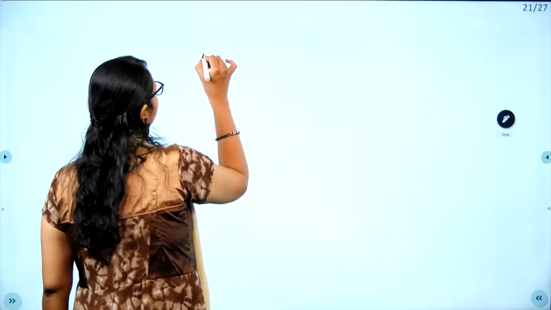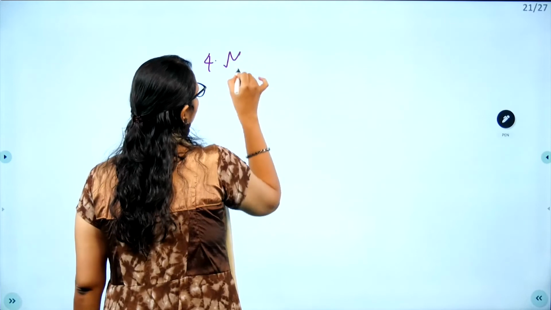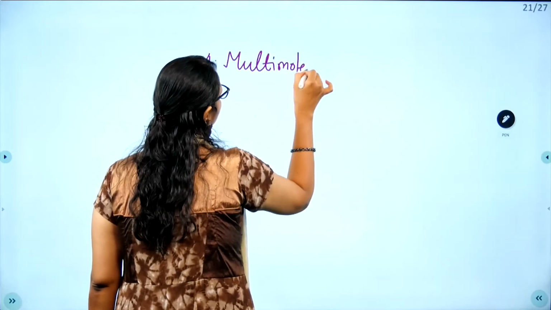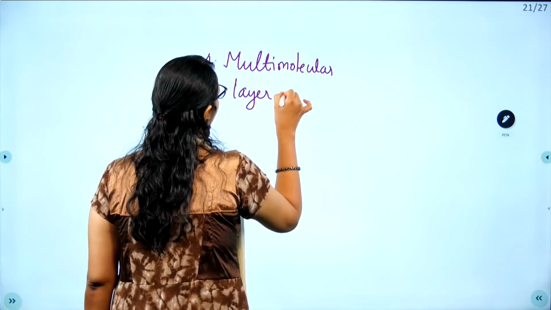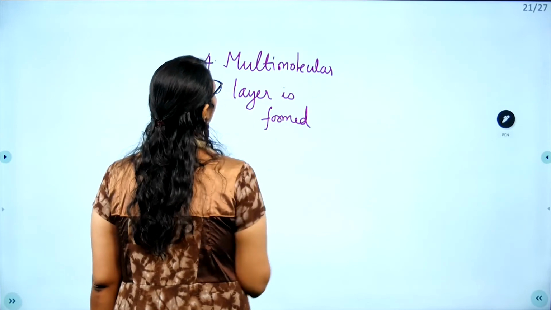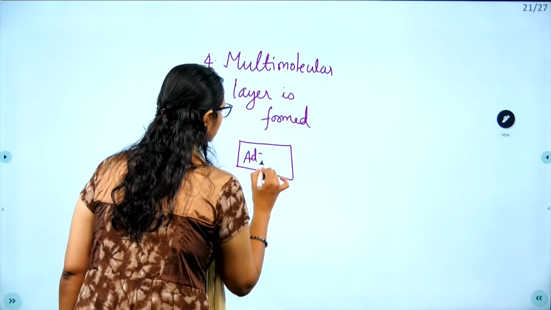So now, what type of layer is formed here? Multi-molecular layer is formed. What do you mean by that? For example, let us take this is the adsorbent.